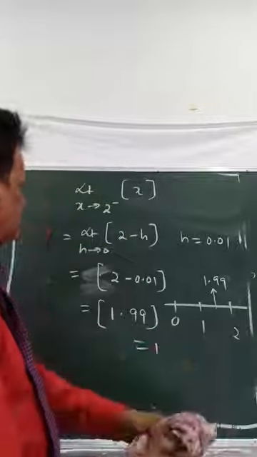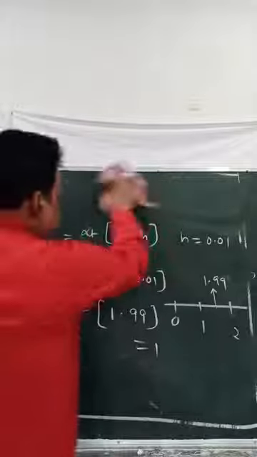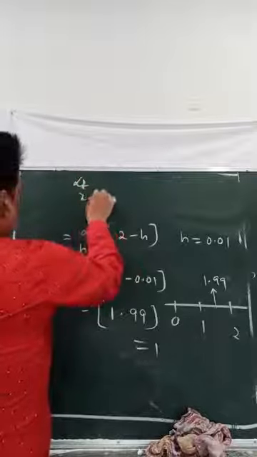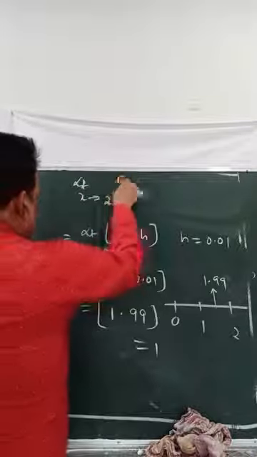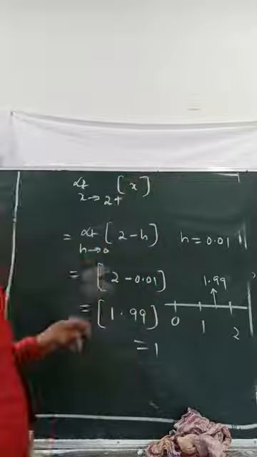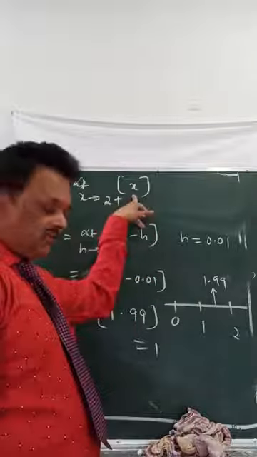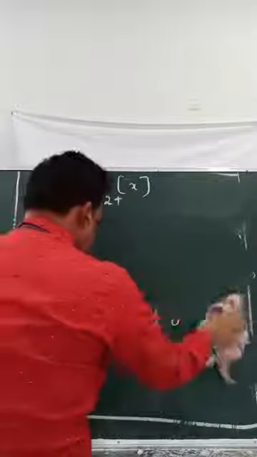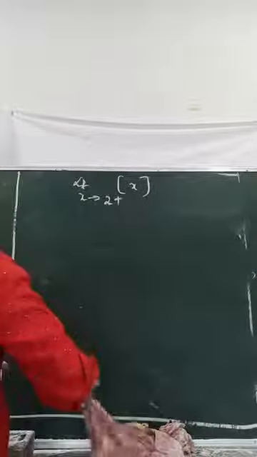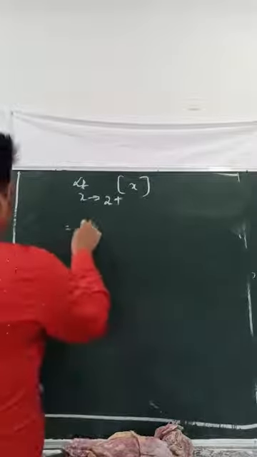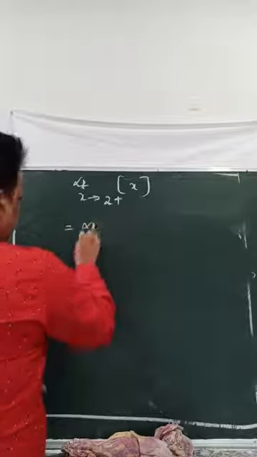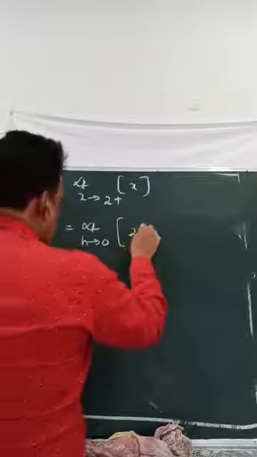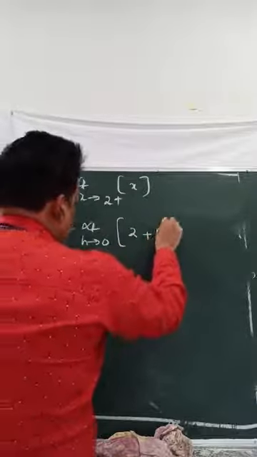If I take limit x tends to 2 plus of box of x, the greatest integer function, you will find that is limit h tends to 0, 2 plus h.